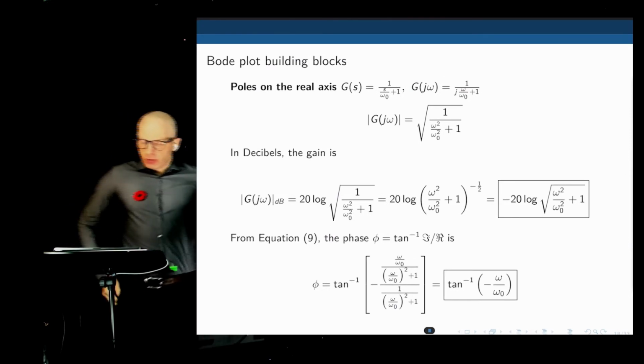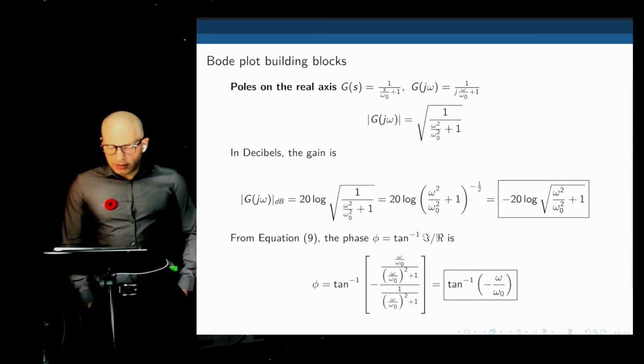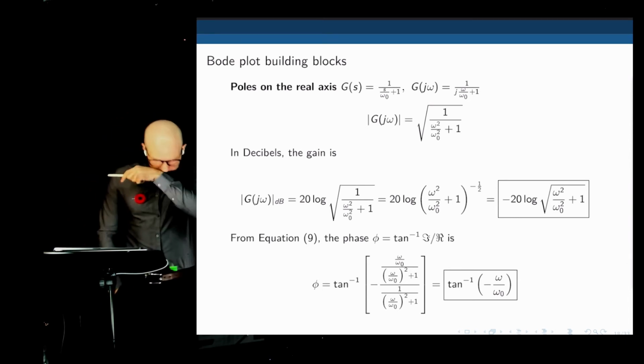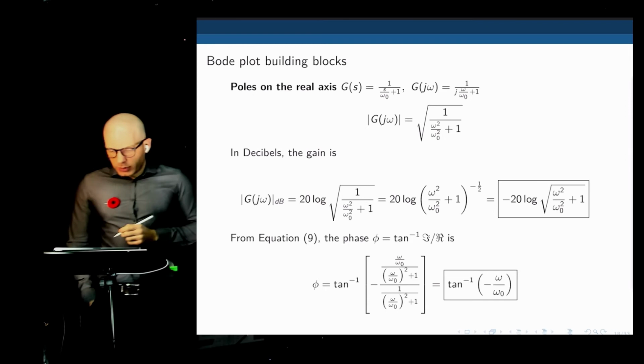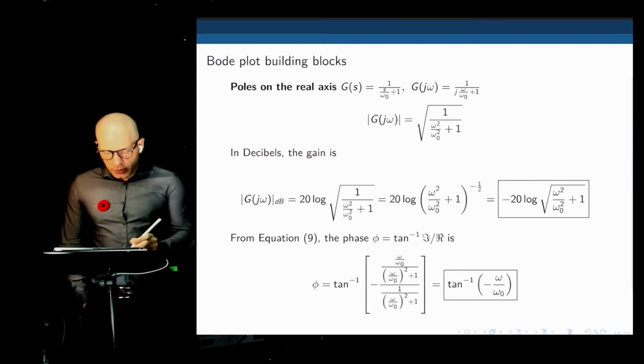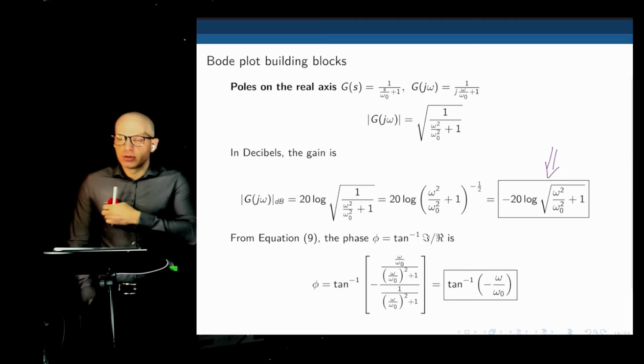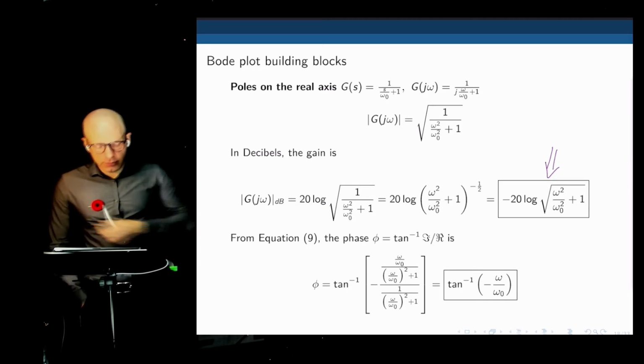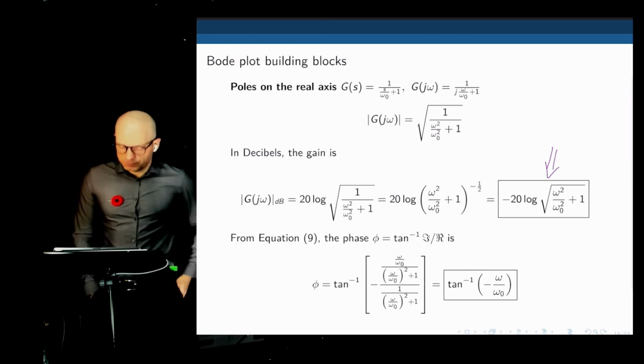If we want to calculate the magnitude now in decibels, just take 20 log of that. And 20 log of that will allow us to rewrite it again with very simple math. You can check these steps later: negative 20 log of the square root of ω squared divided by ω0 squared plus 1.